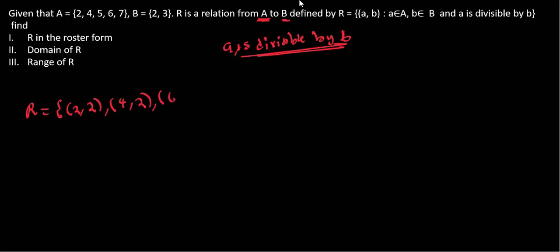No. How about 6? It can be divided by 2, and 6 again can be divided by 3. Just like that, right? Do we have 7? No, it cannot be divided by anything. So you just end from there.